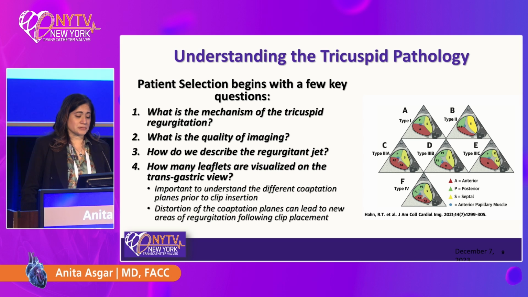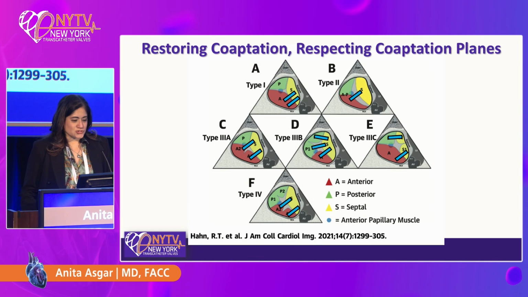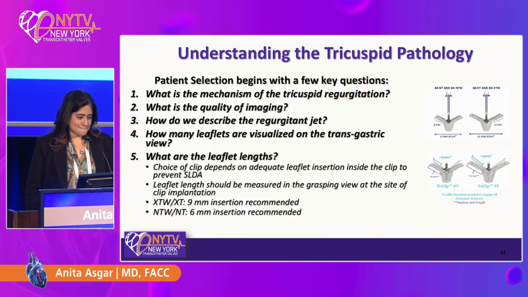If you don't respect the planes, you may restore coaptation in one area only to open a coaptation plane in another area. And hence the distortion of those coaptation planes can actually lead to new regurgitation after you've put your device in. And so this is just an example. I've sort of drawn in my little blue clips here, but depending on what your anatomy would be, you have to adjust your strategy to try to attack those particular anatomies.